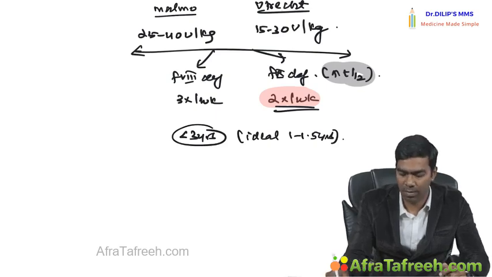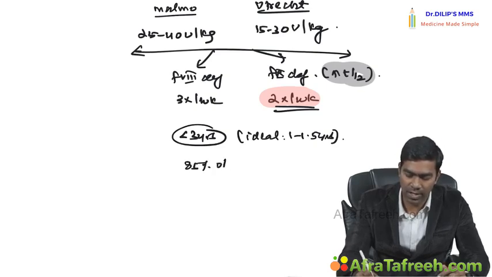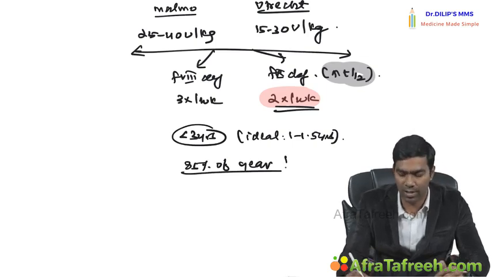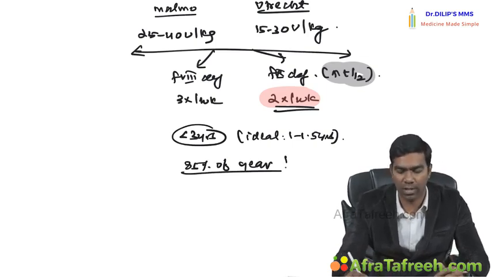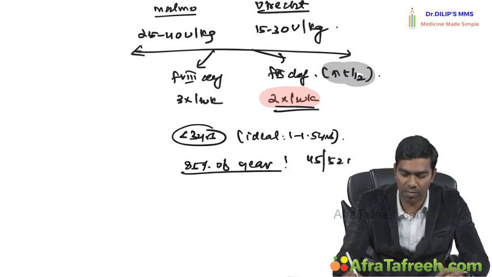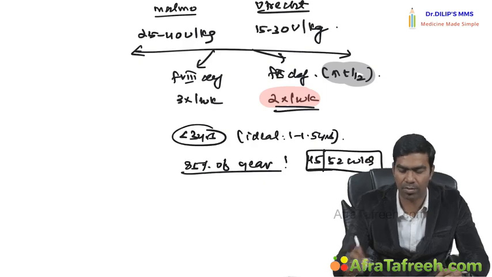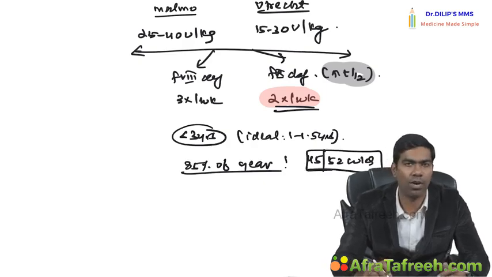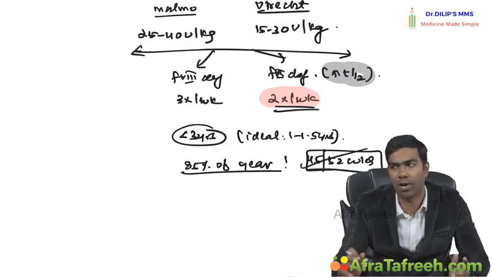Clear? As a primary prophylaxis, ideally. And it has to be given at least for 85% of the year. The moment you decide it's a continuous prophylaxis, give it for at least 85% of the year, which means at least 45 out of 52 weeks in a year, you have to keep transfusing. 7 weeks you can give a holiday, but still as much as possible try to give all 52 weeks.